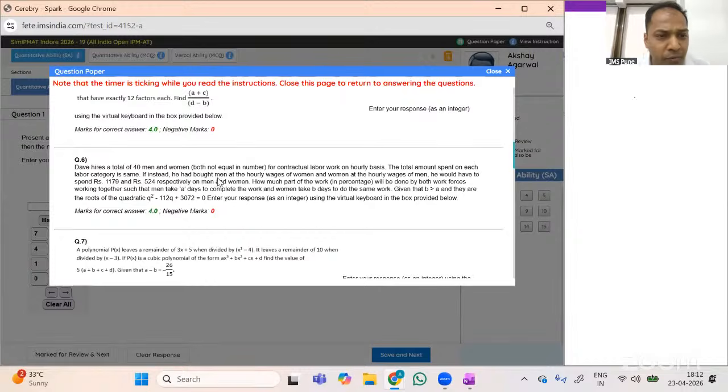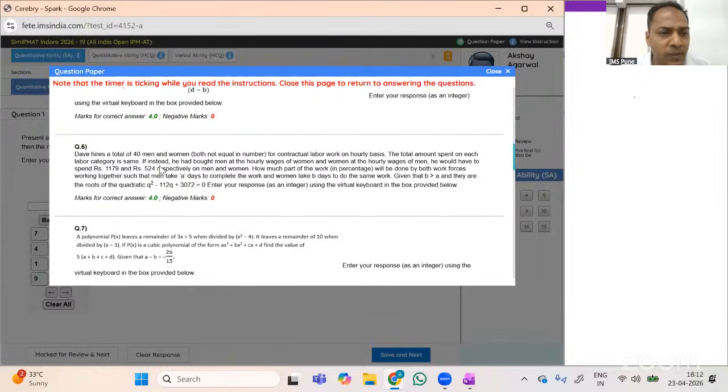The employer hires a total of 40 men and women, both not equal in number, for a contract. The total amount spent on each labor category is the same. If instead he had bought men at the hourly wages of women and women at the hourly wages of men, he would have spent rupees 1179 and 524 respectively on men and women.